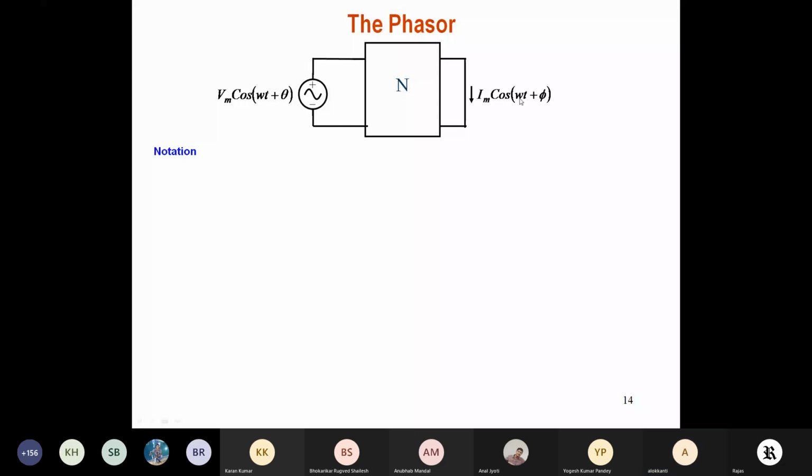Voltage is at a certain angle theta and the current is at a certain angle phi.